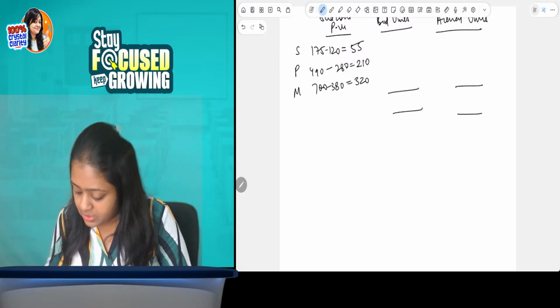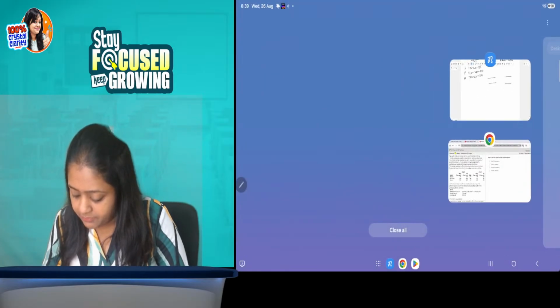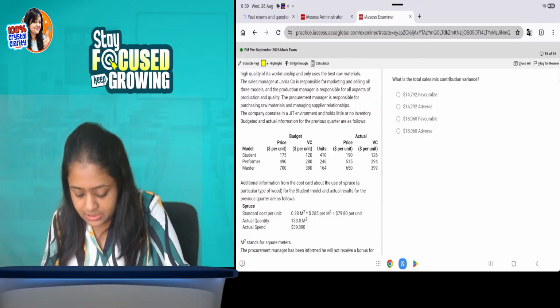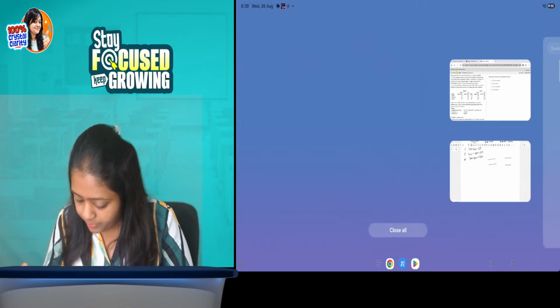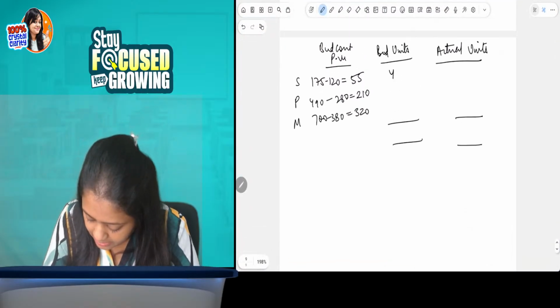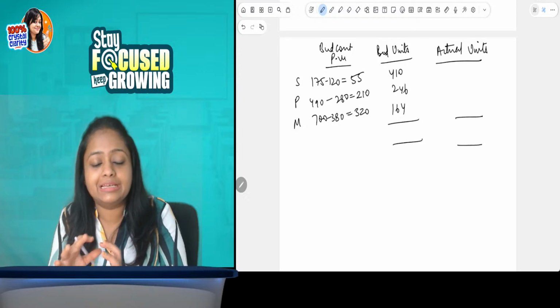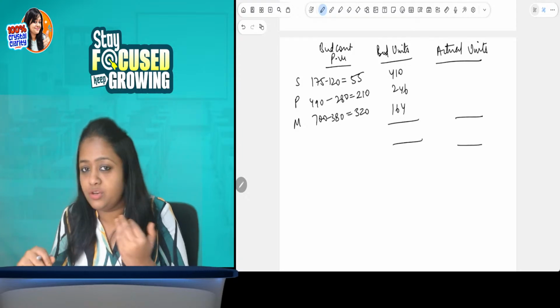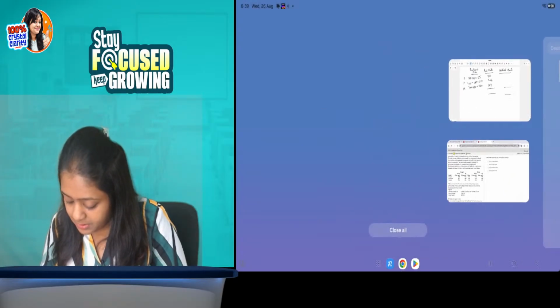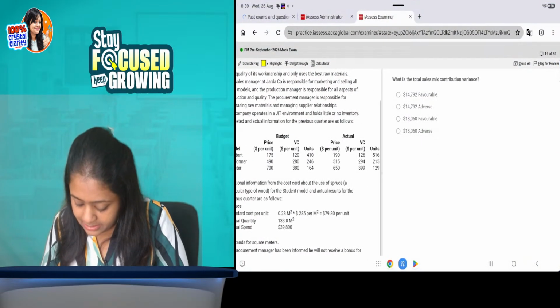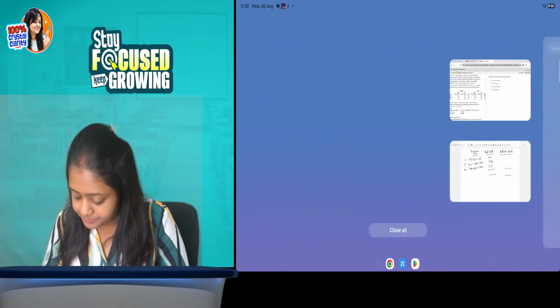Budgeted units are already given to you, actual units are given to you, just copy them. Which is here 410, 246 and 164. Always get the data at one place so that when you're calculating, you don't have to look at the question again and again. And what is the actual data? Actual data is 516, 215 and 129.